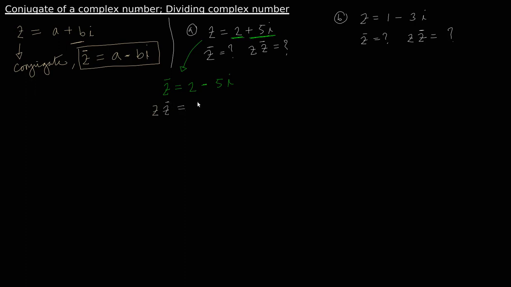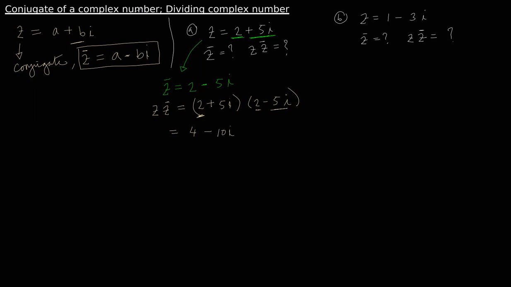The complex number is 2 plus 5i, and its conjugate is 2 minus 5i. This is the multiplication of two complex numbers, and we did it before, so we are going to use the FOIL method. I'm going to multiply 2 with 2, so it is going to be 4. And I'm going to multiply 2 with negative 5i, so it will be negative 10i.